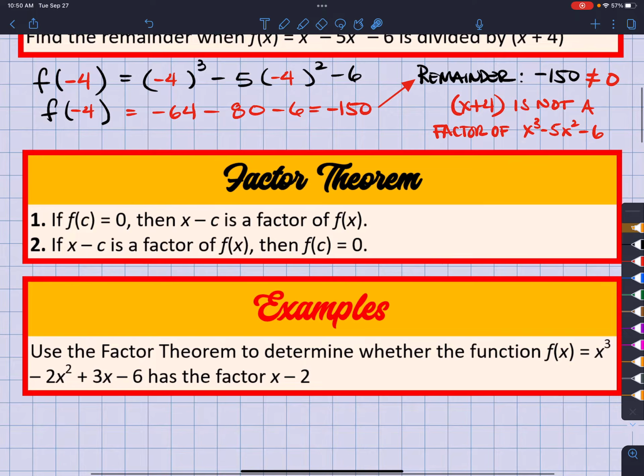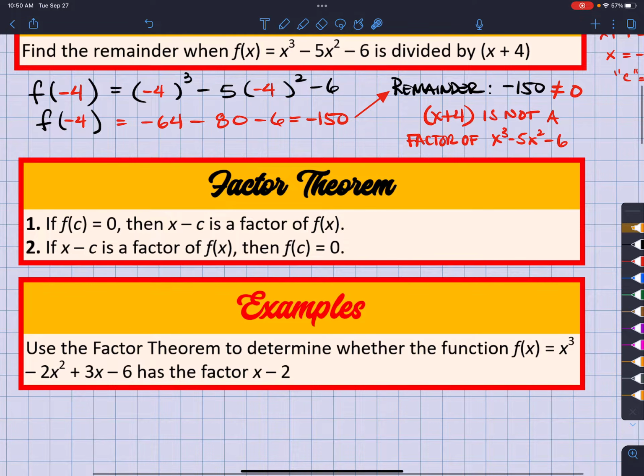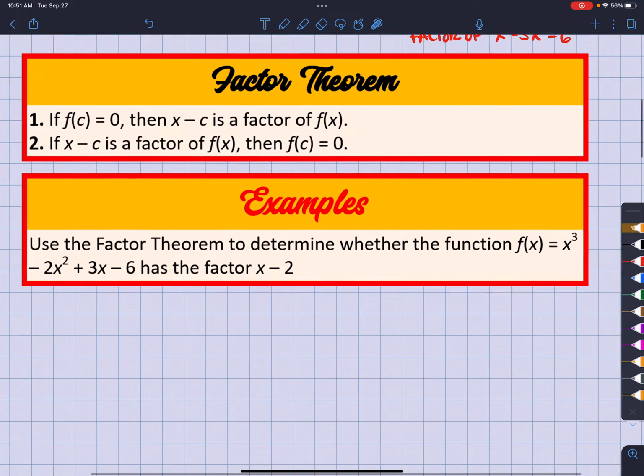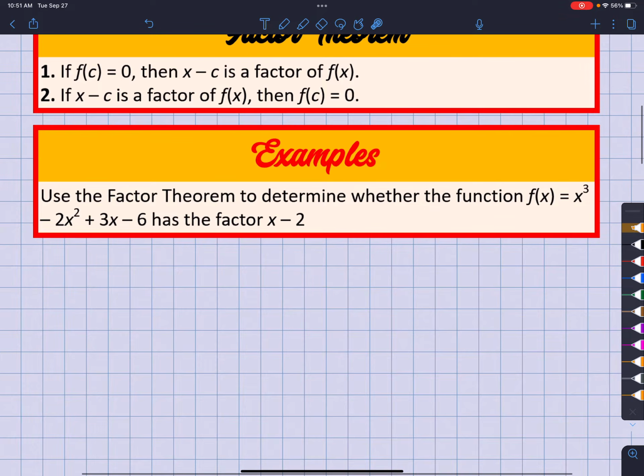The factor theorem says if f of c is equal to 0, then x minus c is a factor. If x minus c is a factor of f of x, then f of c is equal to 0. So here's the thing. If I have to determine whether this function has a factor of x minus 2, then if x minus 2 is equal to 0, x is equal to 2.